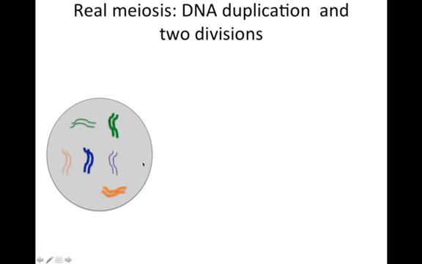So the first thing that happens is that each of our chromosomes, all of our skinny chromosomes that came from one parent, and all of our thick chromosomes that came from the other parent, undergo duplication. So now we have twice as much DNA as we would in a diploid. It's like when a diploid undergoes mitosis, and so first has to duplicate.